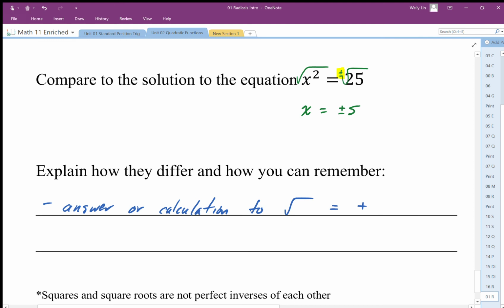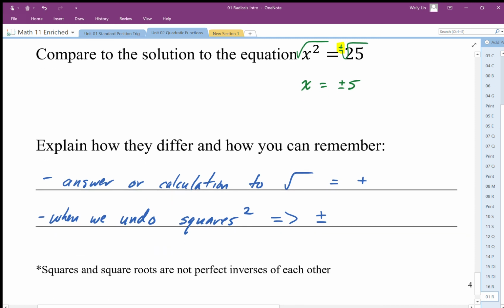And when we undo squares, or do the opposite of squares, the power 2, we always get the positive and negative answer. There's always a plus minus when we undo squares, and we have to remember that that's something we have to put in ourselves, because the square root and square are not exact perfect inverses of each other.